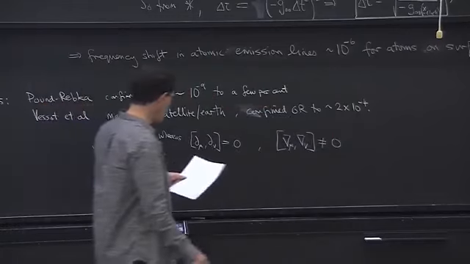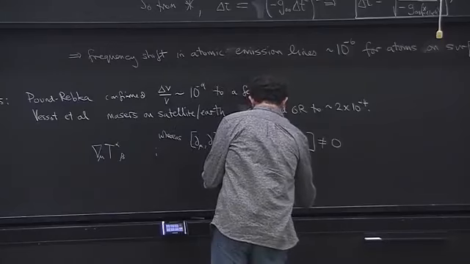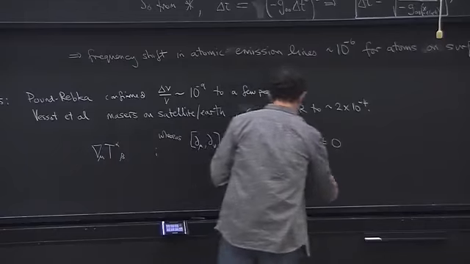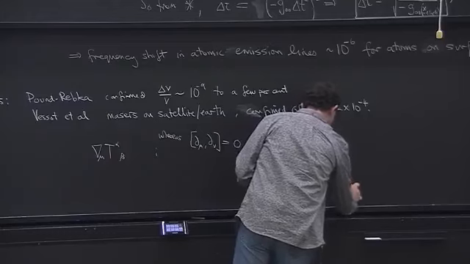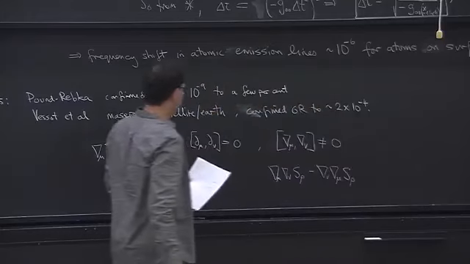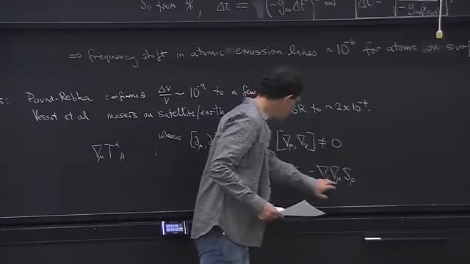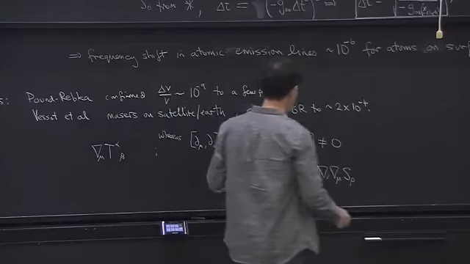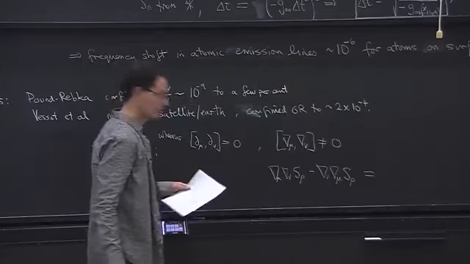In particular, if I work them out on a vector, the commutator of two covariant derivatives, d mu d nu S rho minus d nu d mu S rho, gives me a non-zero tensor.